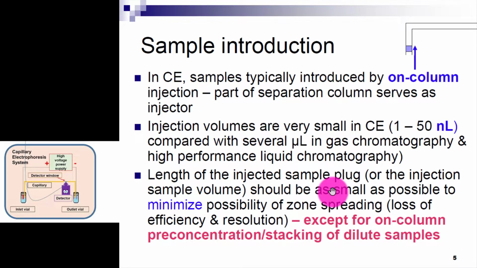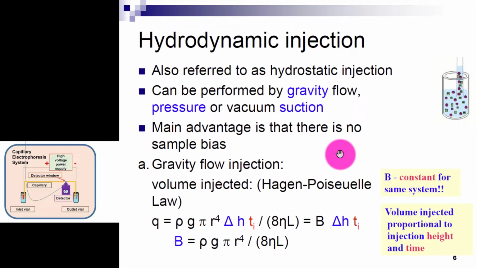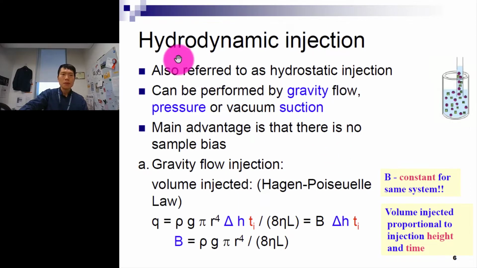For a buffer with a density and viscosity near the values of water, a height differential of about 5 cm for 10 seconds hydrodynamically injects about 6 nanoliter with a 75 micrometer inside diameter capillary. The other term for hydrodynamic injection is hydrostatic injection: gravity, pressure, suction, as we mentioned just now.